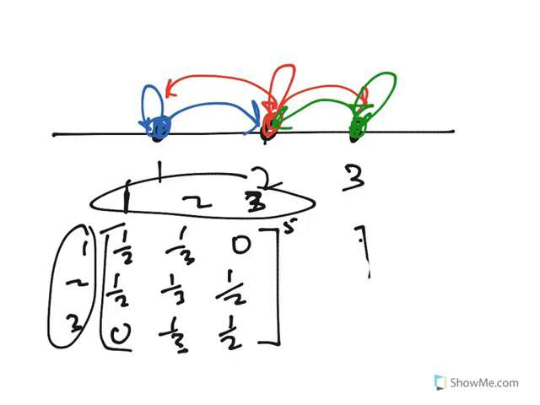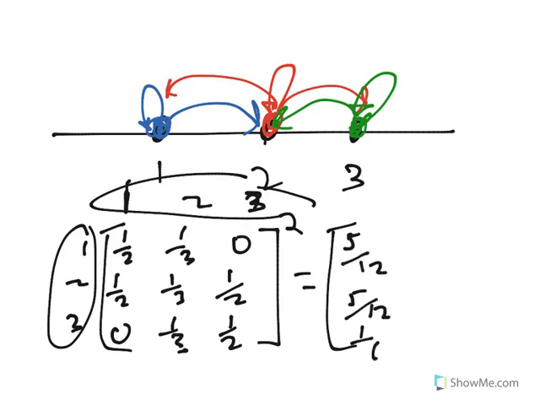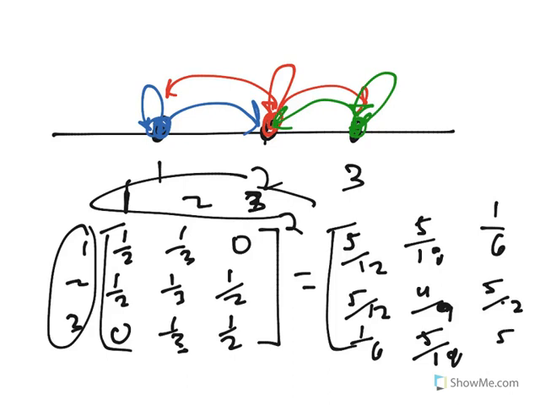Or we could actually get even more information by just raising it to a power. For instance, let's just say I raise it to the 2nd power. When I raise this matrix to the 2nd power, it turns into a 3x3 matrix, which is 5/12, 5/12, 1/6, 5/18, 4/9, 5/18, 1/6, 5/12, 5/12.